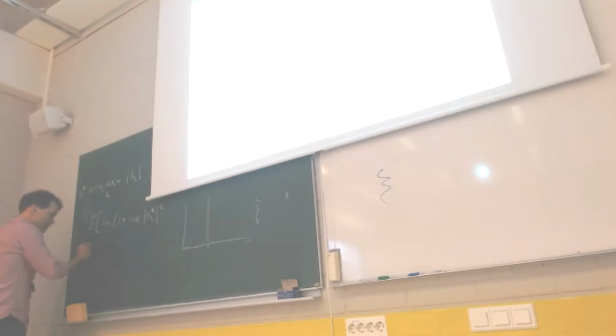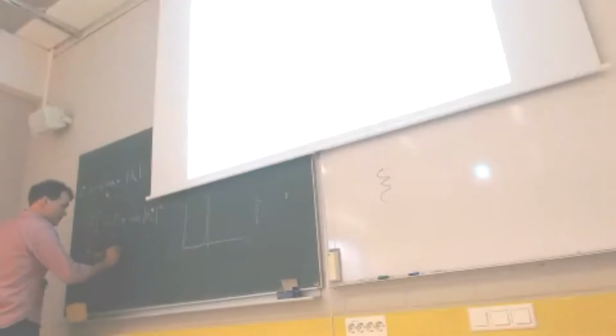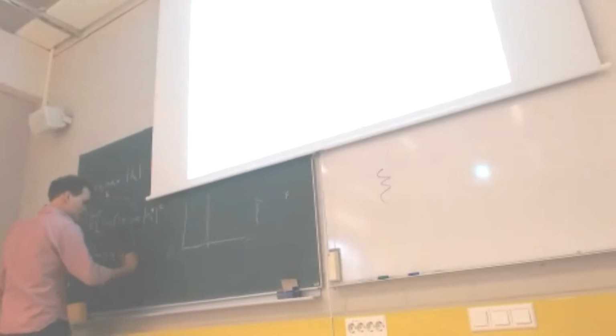Then we can apply Jensen's inequality for a concave function, so this is upper bounded by taking the expectation inside. So we get log of 1 plus SNR times the expectation of this |h_k*|^2.